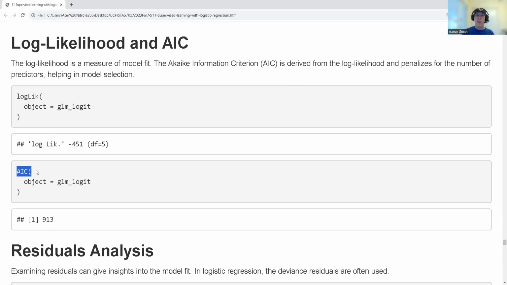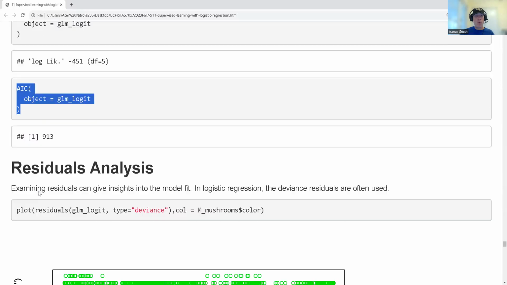Log likelihood is actually part of the AIC computation. AIC takes the log likelihood and then hits it with a penalty. And so on both of these, we want an extreme value. We want the largest value possible for log likelihood, but we want the most negative, the least value possible for AIC if I'm comparing multiple models.